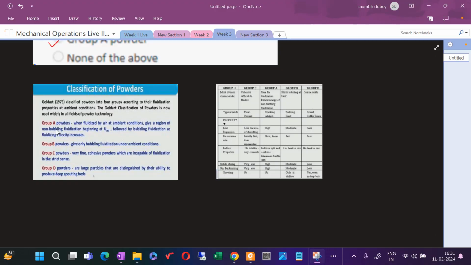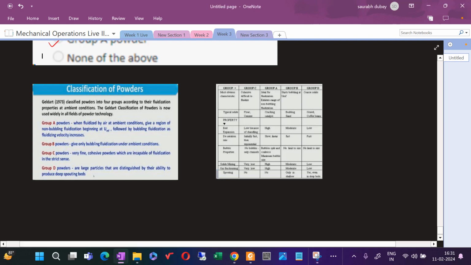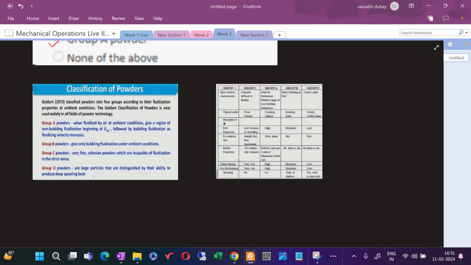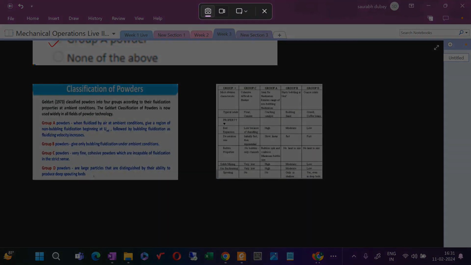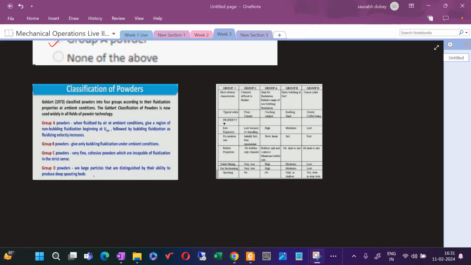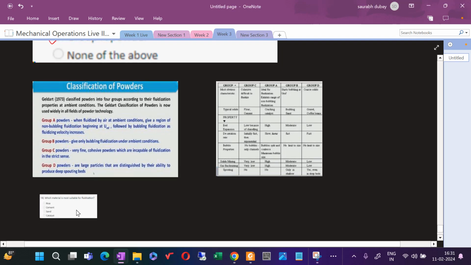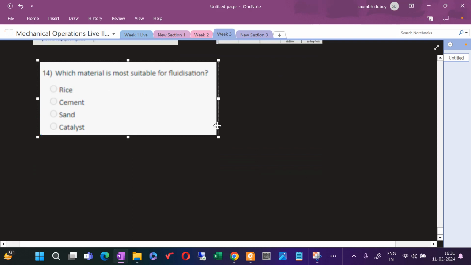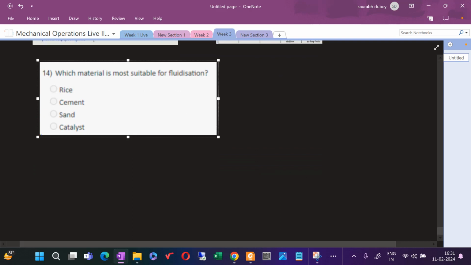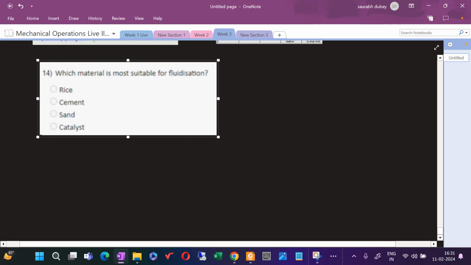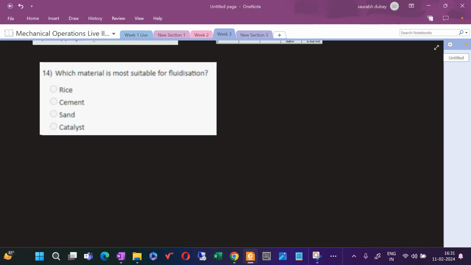Which material is more suitable for fluidization: rice, cement, sand, or catalyst?